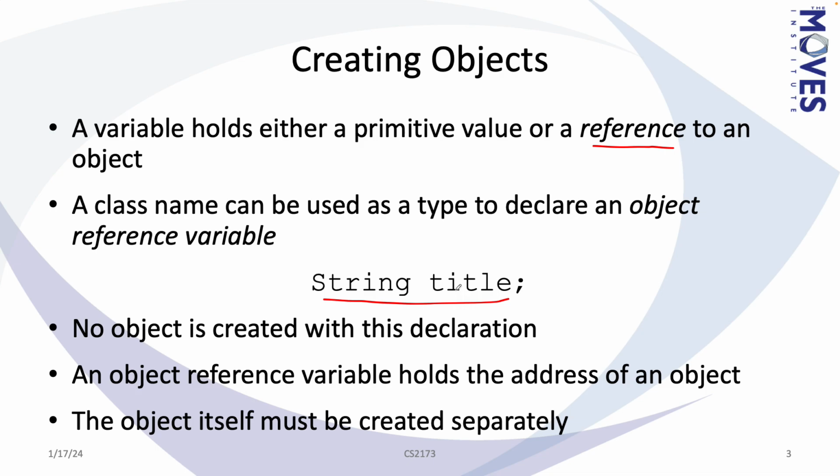So you can think of the object reference as holding the address, and I really need to put that in quotes, because the address, unlike a pointer, is not literally the place in memory where the thing is.